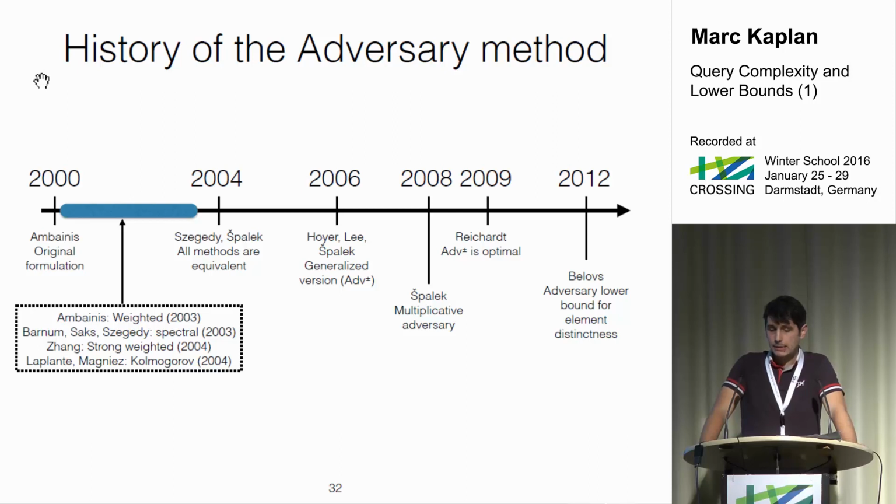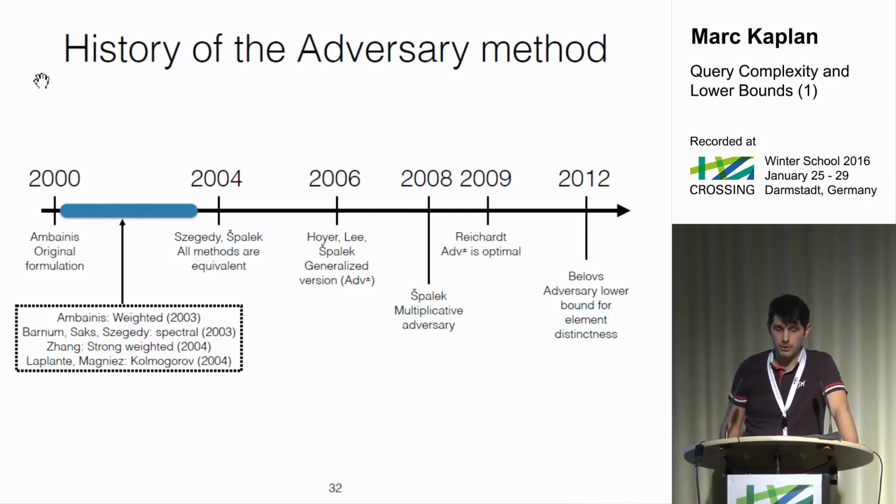After Ambainis proposed his method, a lot of people came out with variations of this method in the years following. I think there were 7 different variations that were introduced between 2000 and 2004.